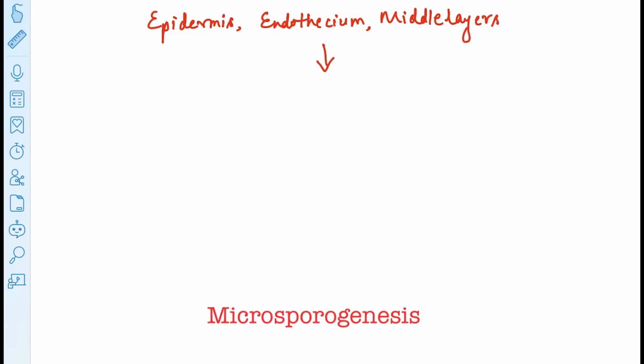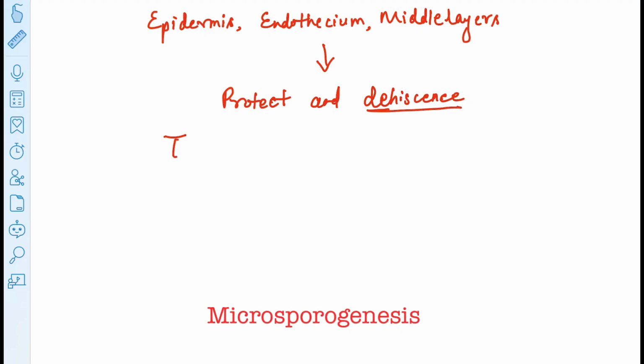Now let's talk about the functions of these layers. So the first three layers, that are epidermis, endothecium and middle layers, their function is to protect the growing pollen grains and help in their dehiscence.